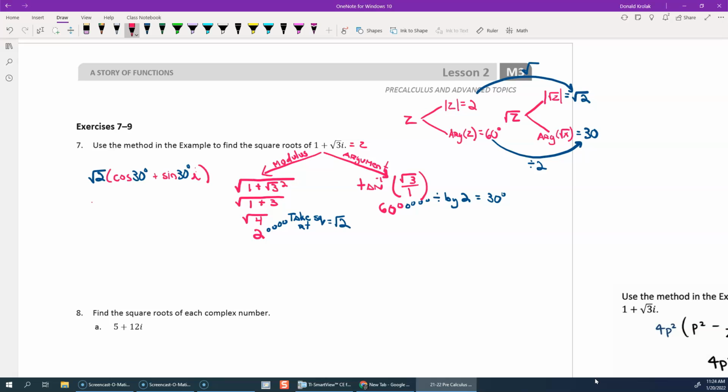Okay, and that's equal to the square root of 2. Cosine at 30 degrees is root 3 over 2. Sine at 30 degrees is 1/2. And now we just distribute. Root 6 over 2 plus root 2 over 2 i. That's one square root, and then the other square root is the negative of that.